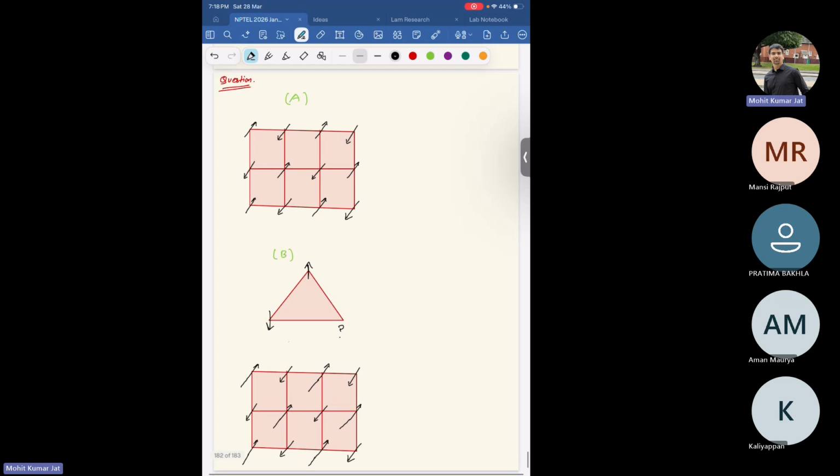Here the length of the arrow is proportional to the magnetization strength.